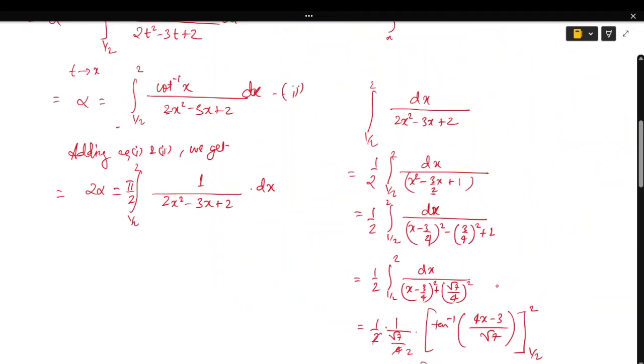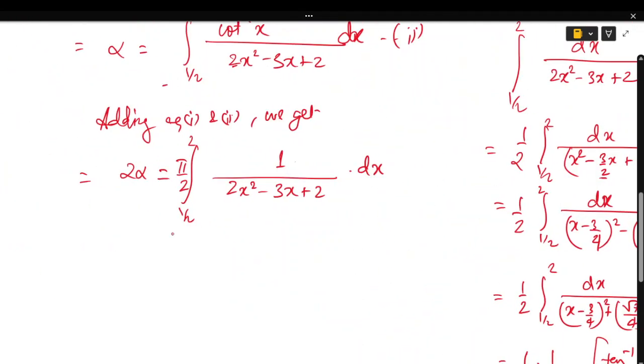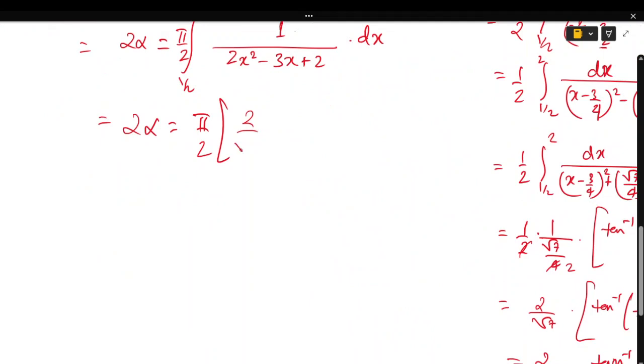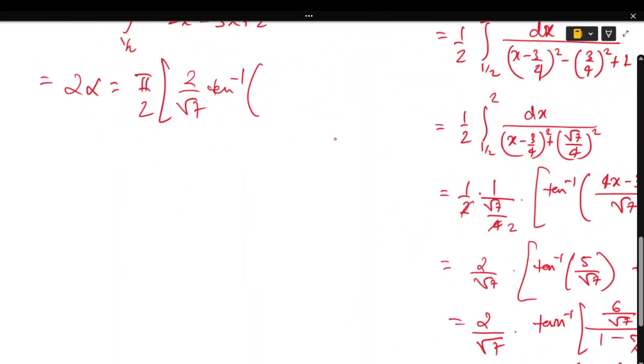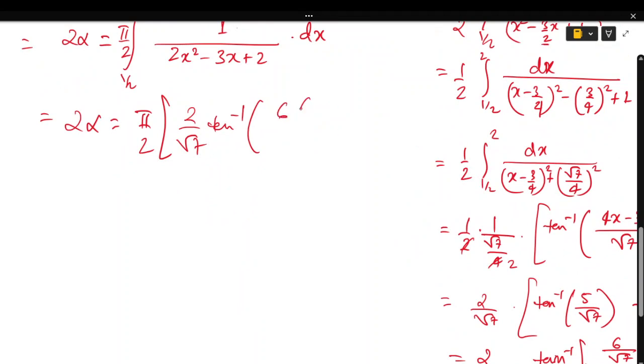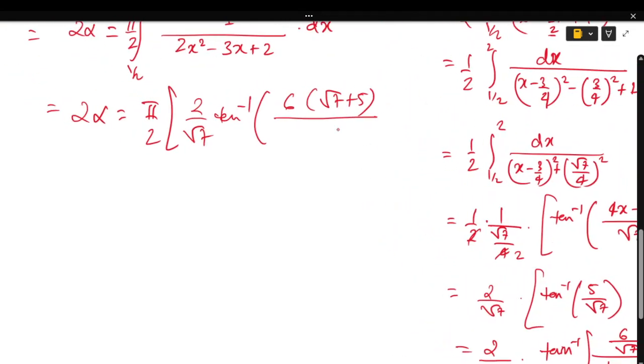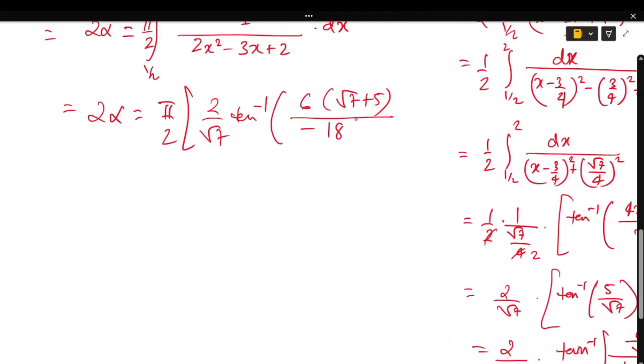Now what we need to find is this expression. So it will be 2 alpha is equals to pi by 2. Integration value comes out to be as 2 by root 7 tan inverse 6 by root 7 by 5. If we rationalize this, so it will be root 7 plus 5. In the denominator part, we have 7 minus 25, which is minus 18.